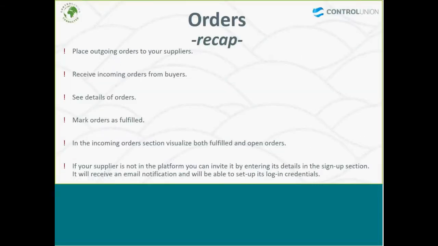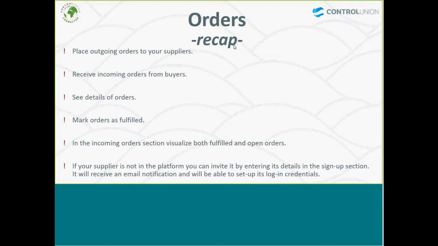As a recap for the orders functionalities, the orders functionalities allow you to place outgoing orders to your suppliers, receive incoming orders from your buyers, see details of orders, mark orders as fulfilled.